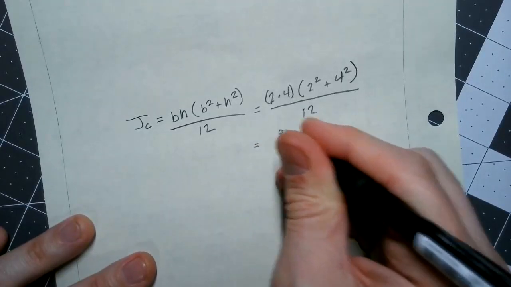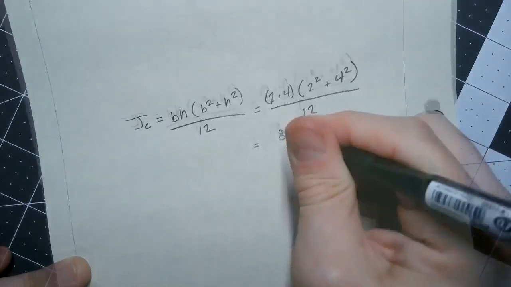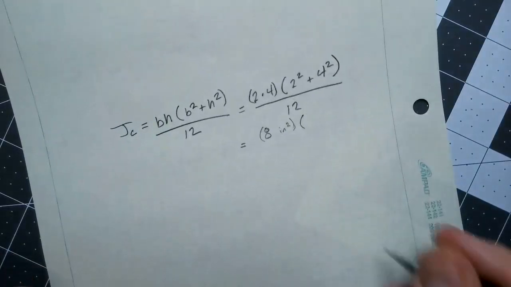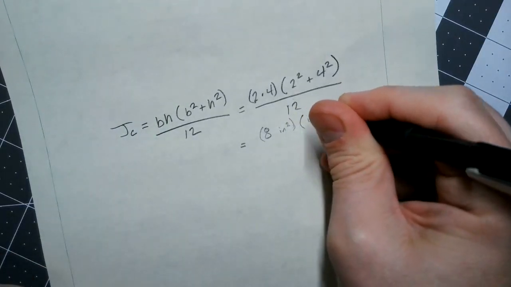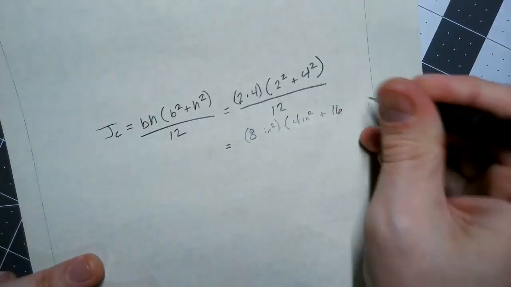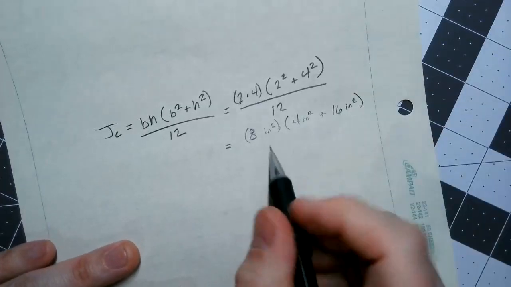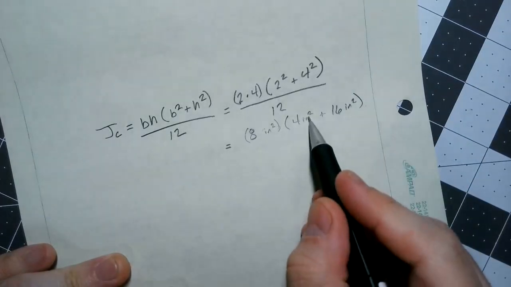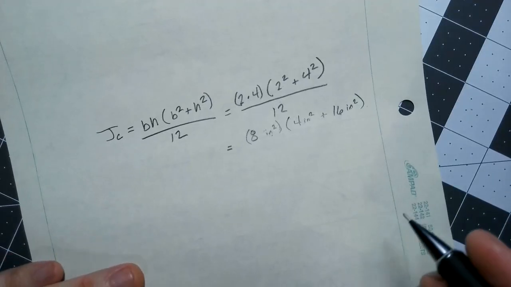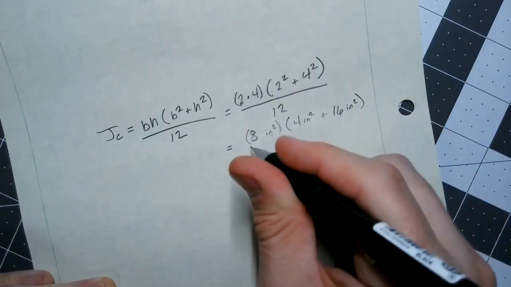Of course, 2 times 4 is 8. At that point, we end up with inches squared, right? Because we just multiplied inch by inch. And we're going to multiply that by 2 squared, which is 4. That's 4 inches squared. Plus 4 squared is 16. And that's still inches squared. So now you have inches squared times inches squared. That's going to get you your inches to the fourth. So 4 plus 16 is 20, right?